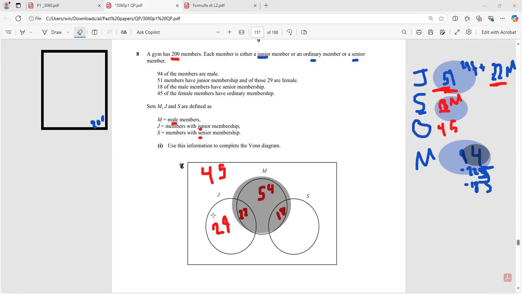94 minus the 29 minus the 45. So what we do, we are going to say this 200, we're going to subtract from it. First of all, 94 from the 200, which is 106. Then 106, you're going to take from it 45, which is 61.